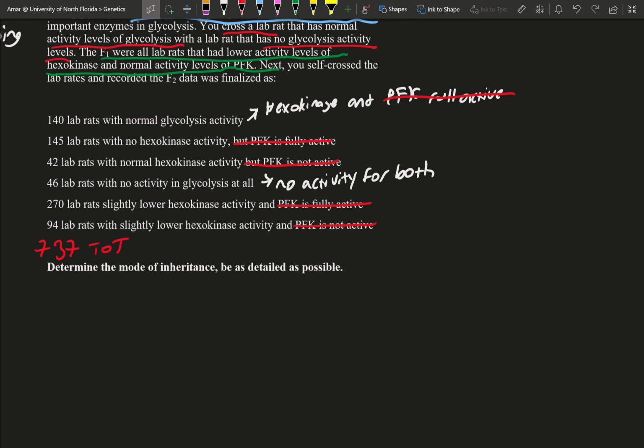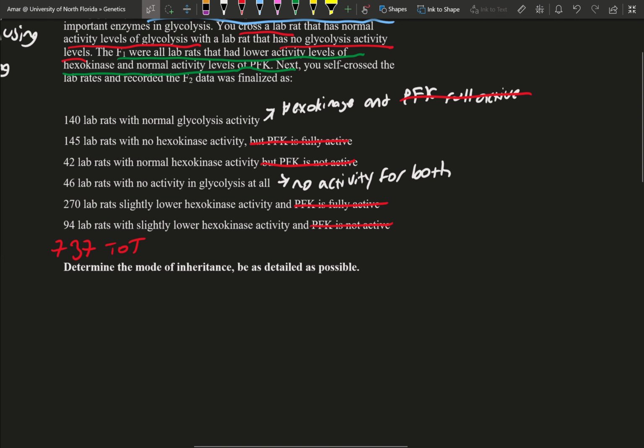Okay. So what we have here is normals are right here, 140 plus 42, which is 185. So 185 have normal hexokinase. Then those having slightly lower, it's 270 plus 94, it's 364.